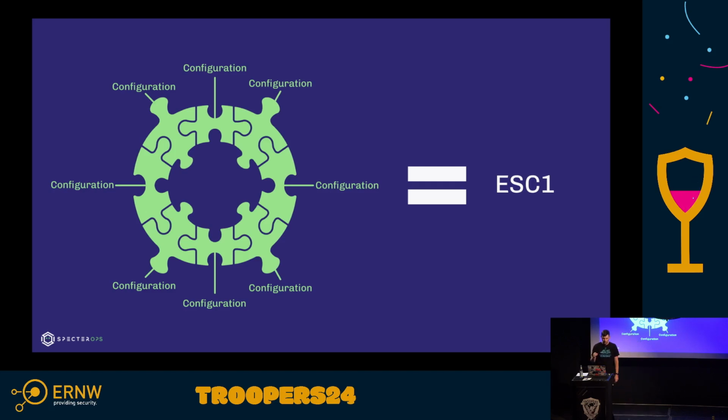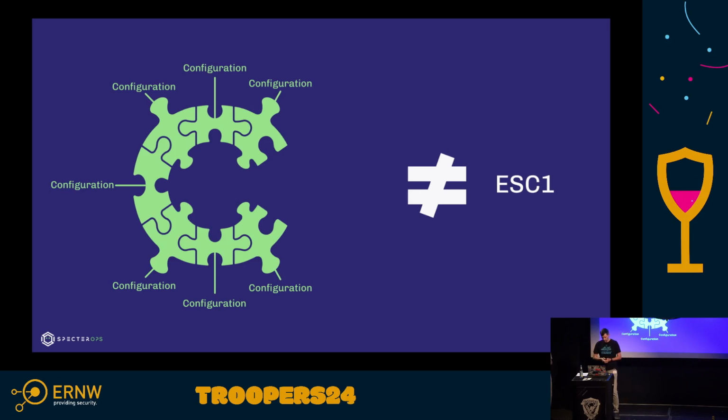But what if one of those configurations is removed? Then escalation 1 evaporates. What if the CA is not issued by a root CA? It evaporates, because it won't be trusted by the domain. What if the CA is not trusted for NT authentication? Same thing, and escalation 1 evaporates.